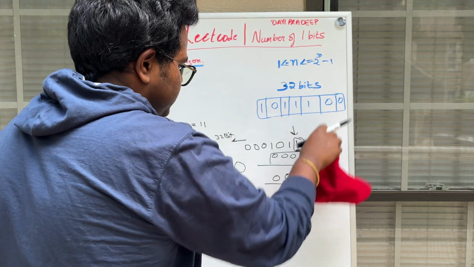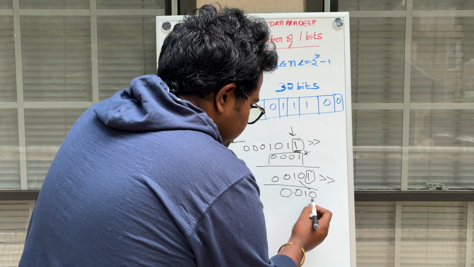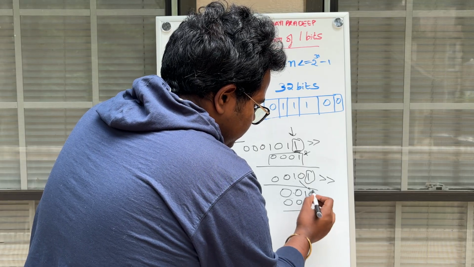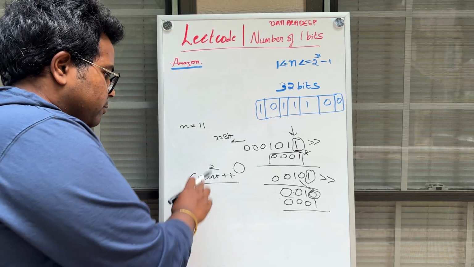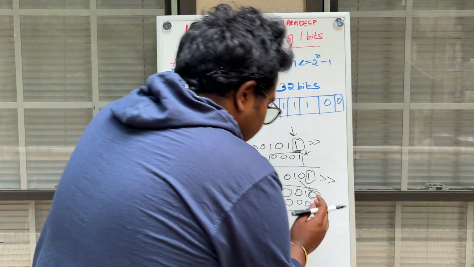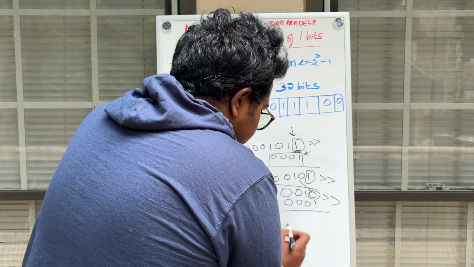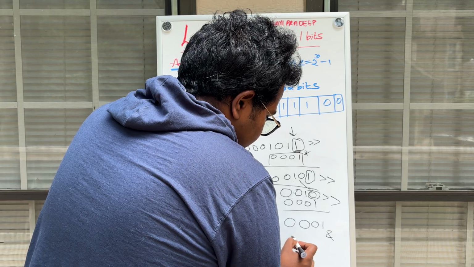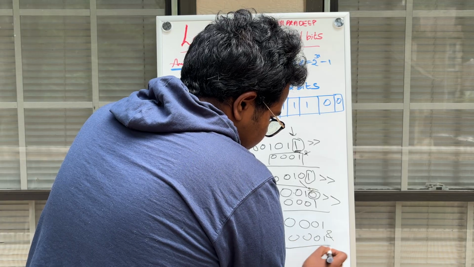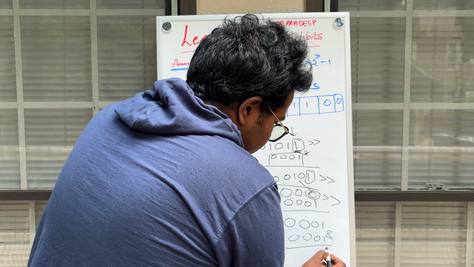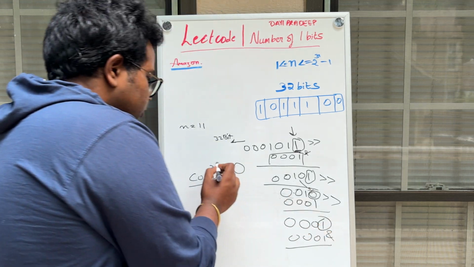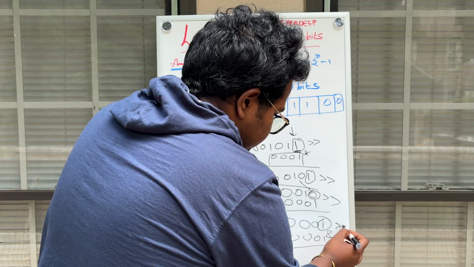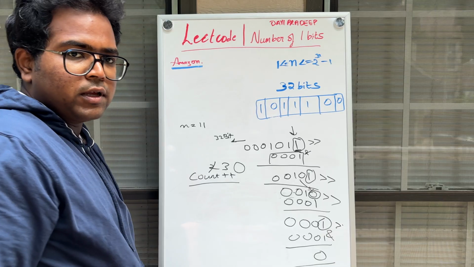So I do the AND operation with 1 again. Here I found that there is no 1, so I'm not going to increase the count, and I do the right shift again, which gives 0 0 0 1. I do the AND operation with 1 again, and yes, I have a 1 here, so I increase the count again and do the right shift, which gives 0, and we exit the loop.